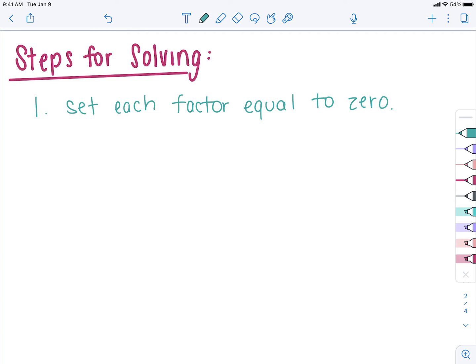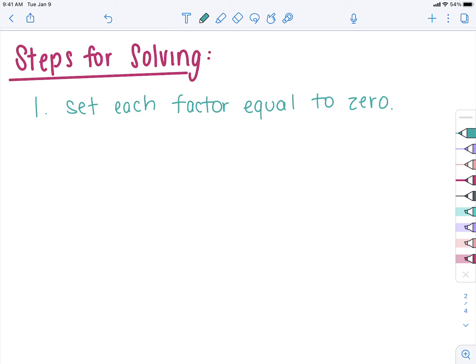It's going to end up looking like the problems in the do now, where we just had things like 5x plus 2 equals 0. That will be solving. Or x minus 1 equals 0, that will be solving. So the actual equations that we're going to be solving are going to be those pretty ones from the beginning of the year that everyone feels really good about. They just look a little bit intimidating from the beginning because they're set up like FOIL problems.